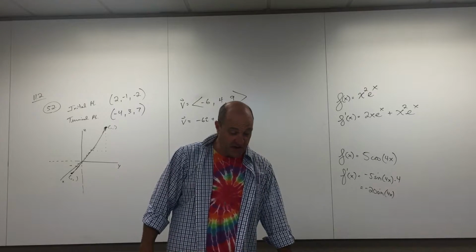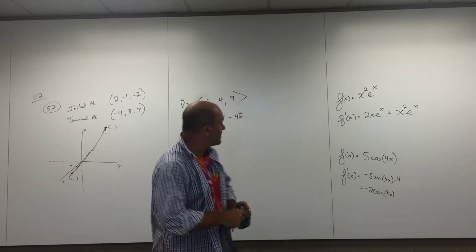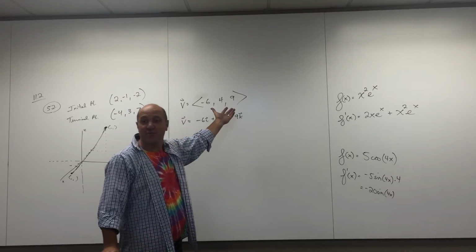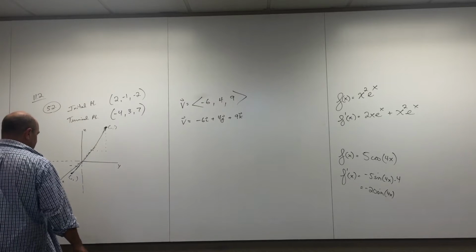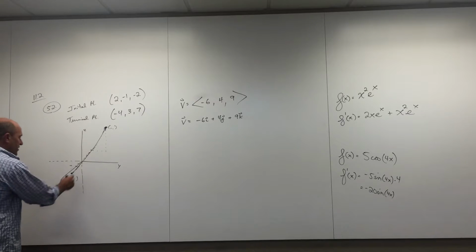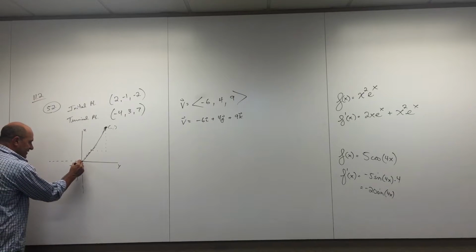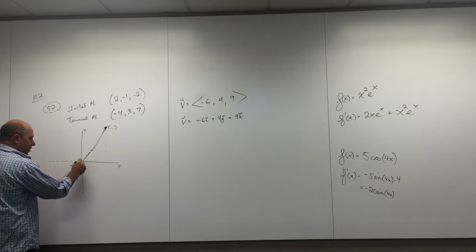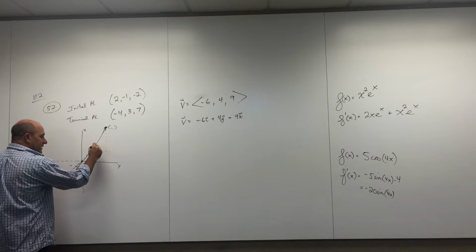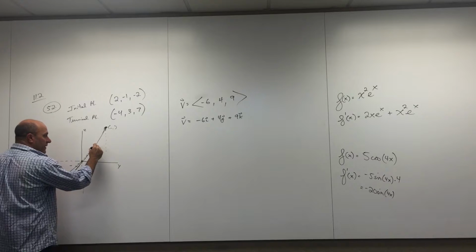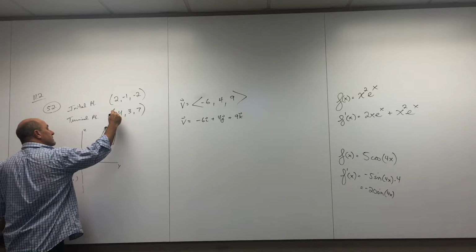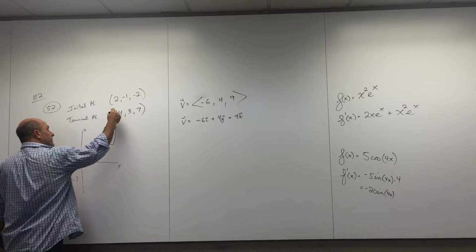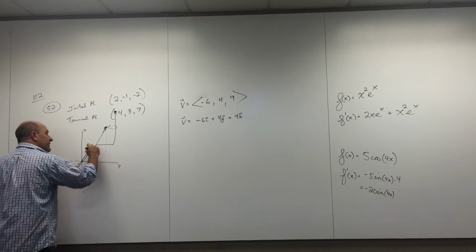And then sketch the vector. If somebody just gave you this vector to sketch, you would start at the origin and draw this vector. This is kind of messy, but I would go back 6, over 4, and up 9. And draw that vector.